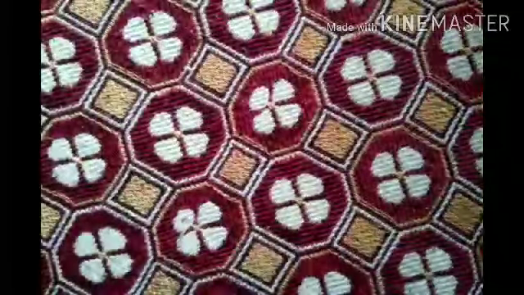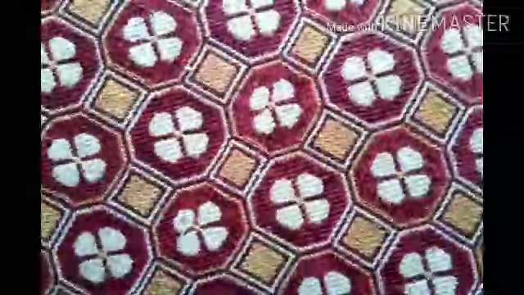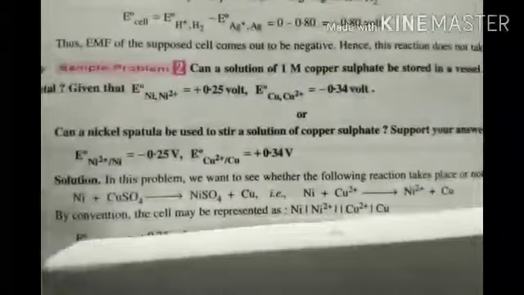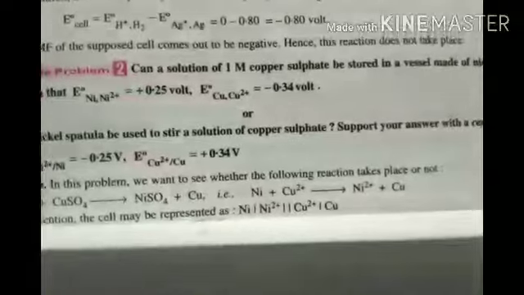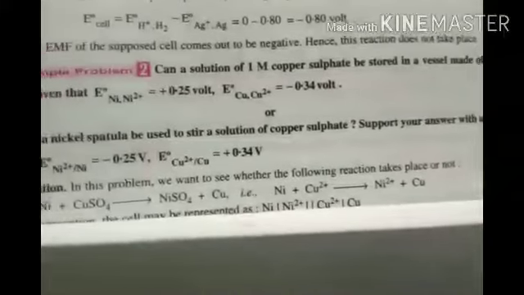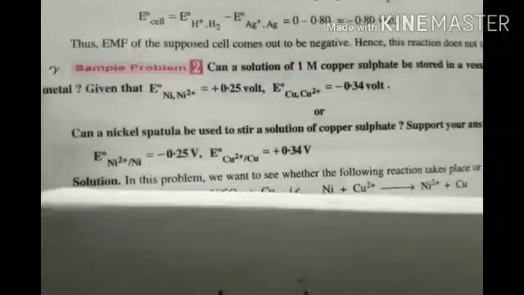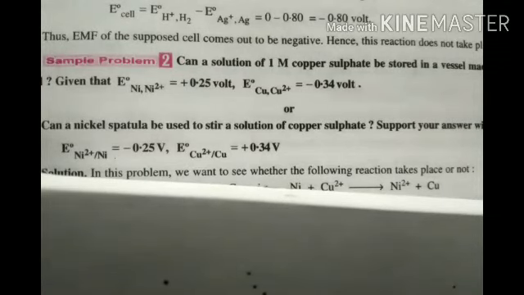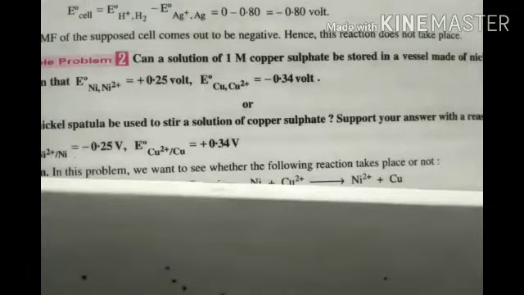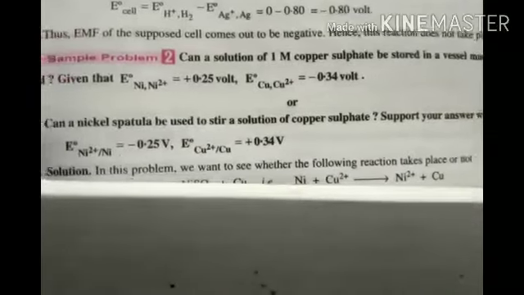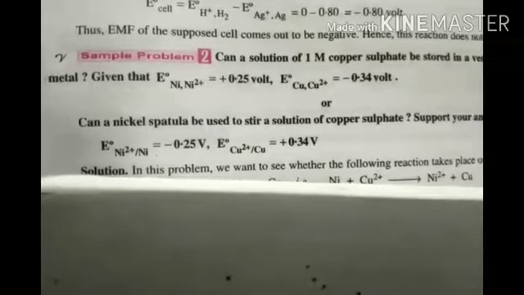Now problem number 2. Can a 1M solution of copper sulfate be stored in a vessel made of nickel metal, given that E naught of Ni2+ is plus 0.25 volts and E naught of Cu2+ is minus 0.34 volts.